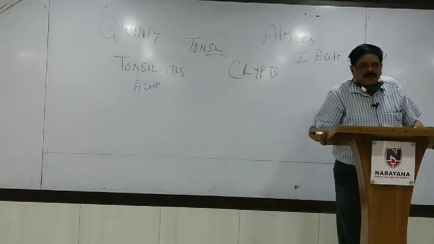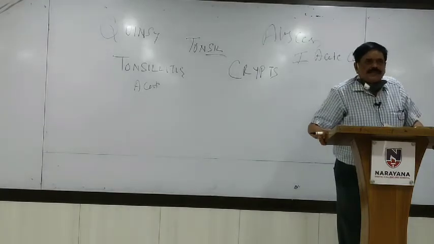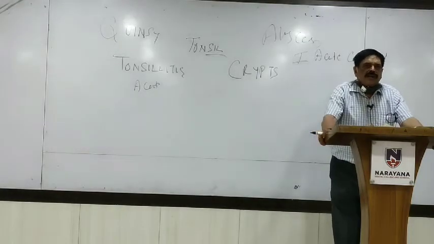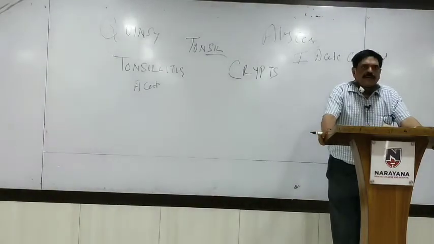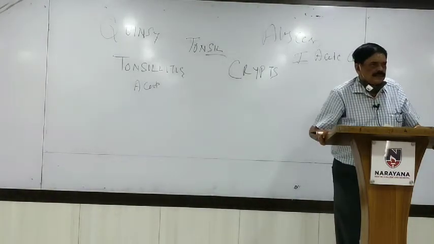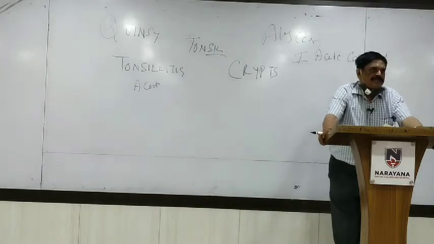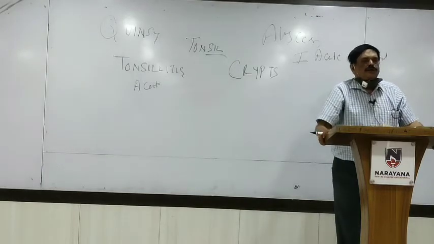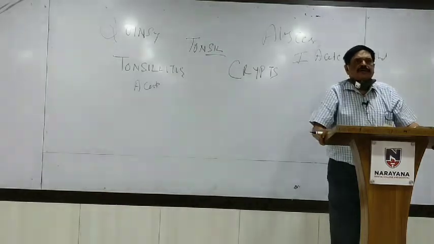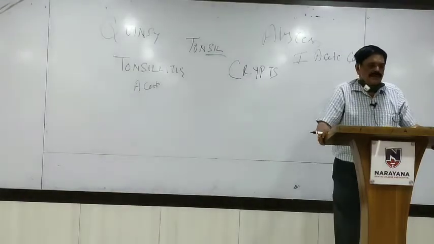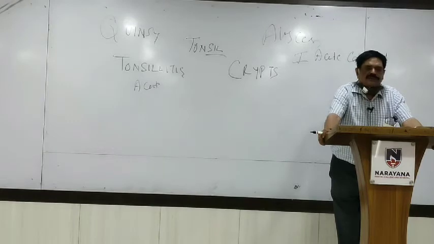And within the tonsils itself, you can get what is called an intratonsillar abscess. Another is a tonsillolith, a calcified stone in the tonsil. And tonsillar cyst can also occur. And this focus of infection can lead to rheumatic fever and acute glomerulonephritis.